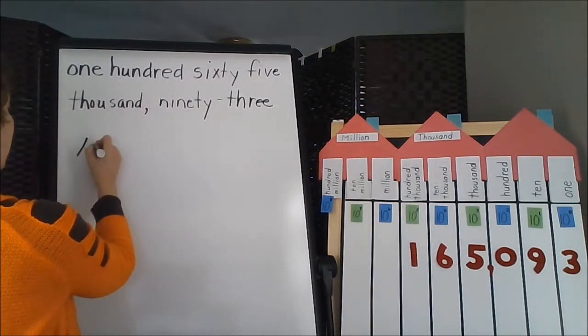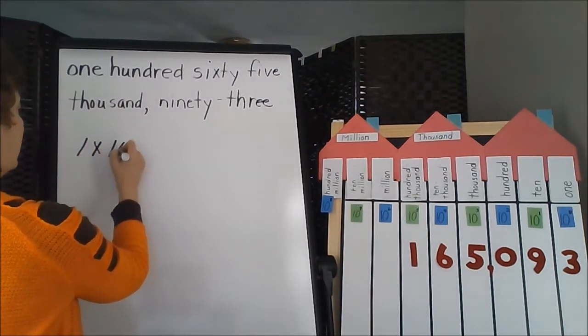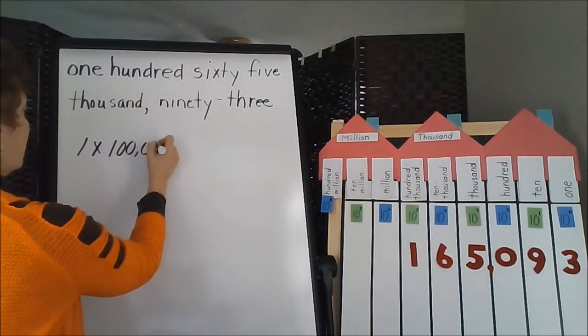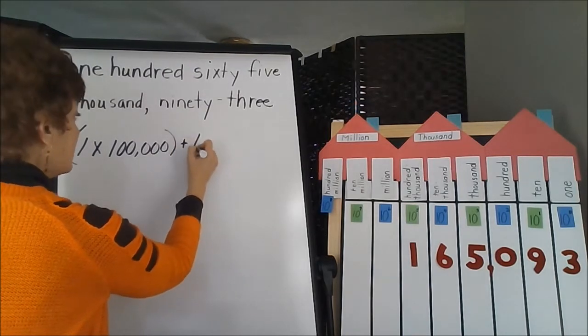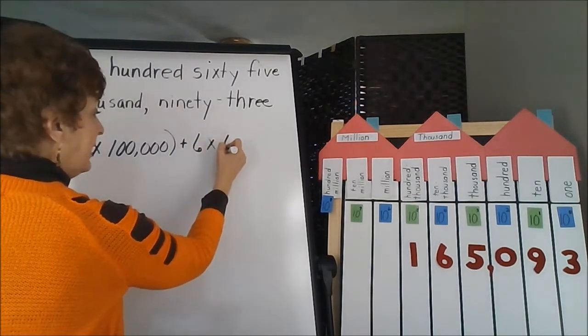Next, we could take our numbers and do expanded notation. So that would be 1 times 100,000 plus 6 times 10,000.